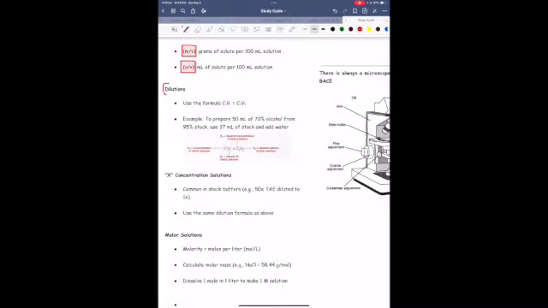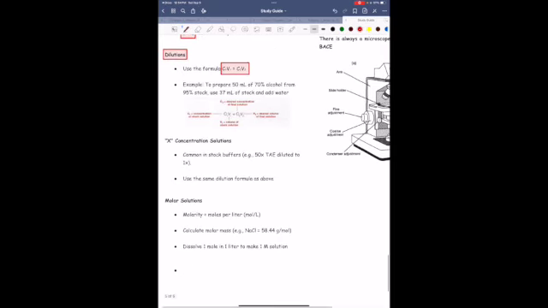For dilutions, you're going to use the dilution formula, concentration 1 times volume 1, so C1 V1 equals C2 V2. This is really whenever you see the word stock, and then you're just going to use this formula.